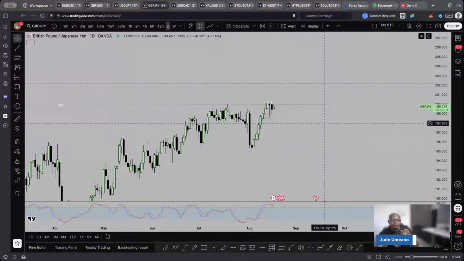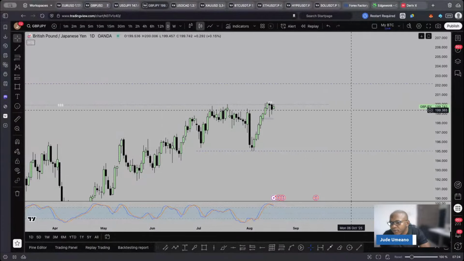Where are we having a break of structure to? You also have to understand the difference between break of structure and liquidity sweep, because a lot of people get it wrong. Some people call break of structure liquidity sweep and liquidity sweep break of structure, just calling them the same thing. They are actually different, so you have to know the difference between them.